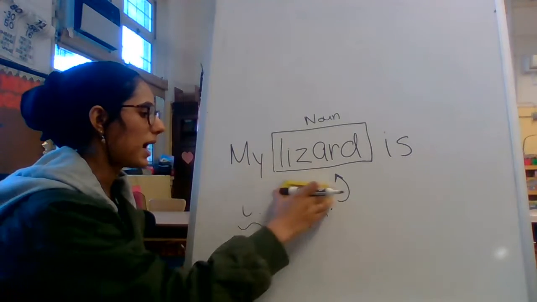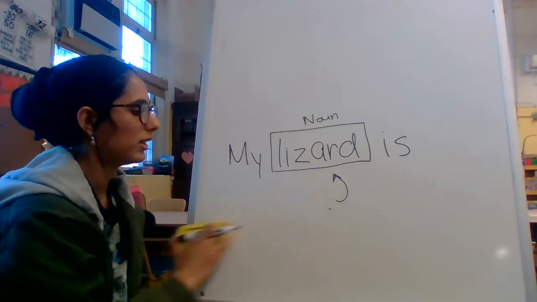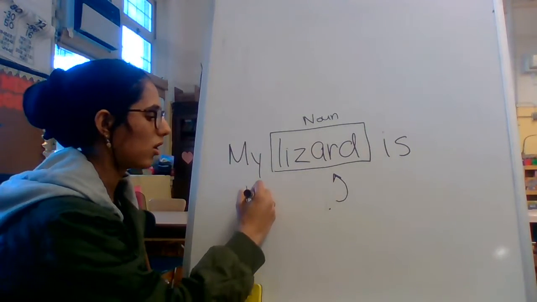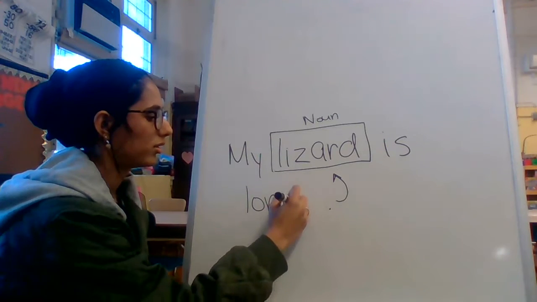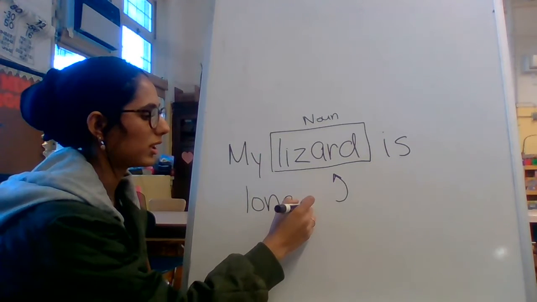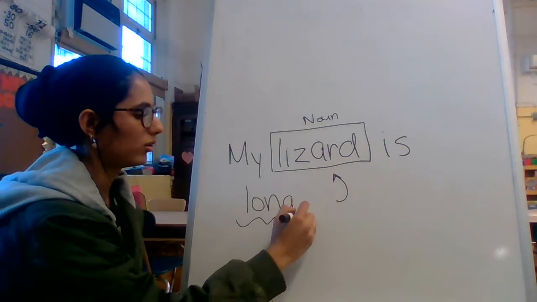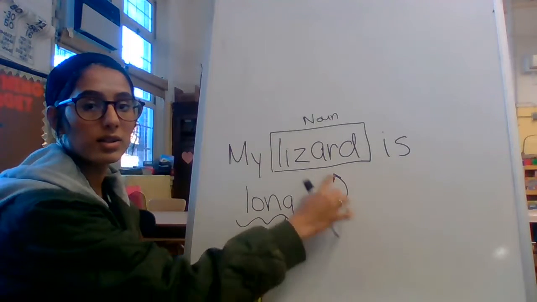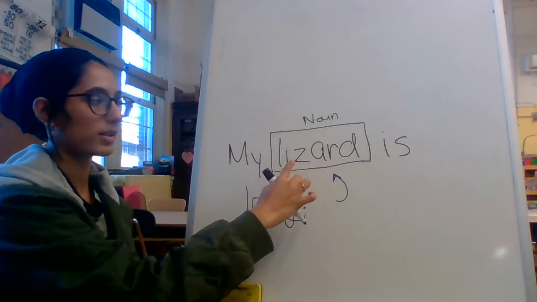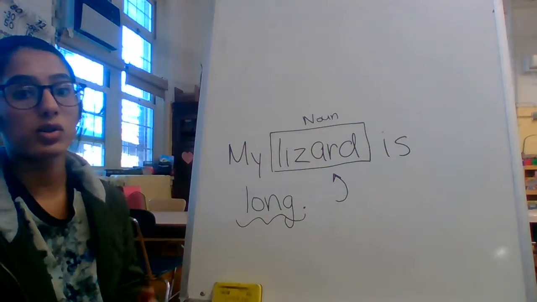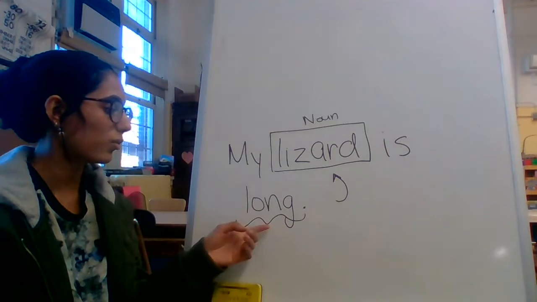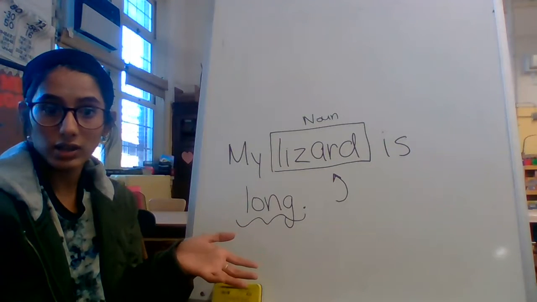I could say my lizard is long. And that's an adjective. Again, long is describing what my lizard looks like. It's orange, it's long, okay? So those words are adjectives.